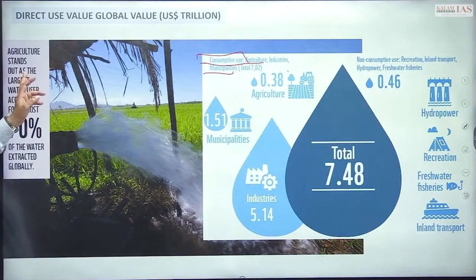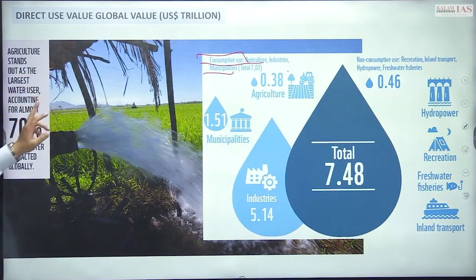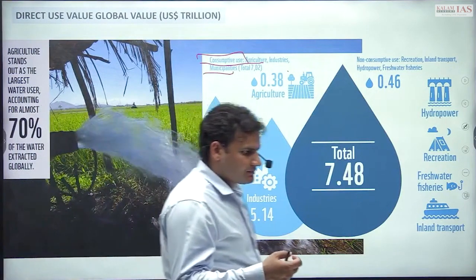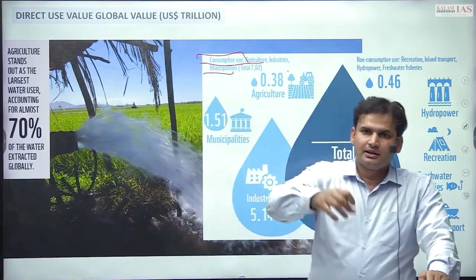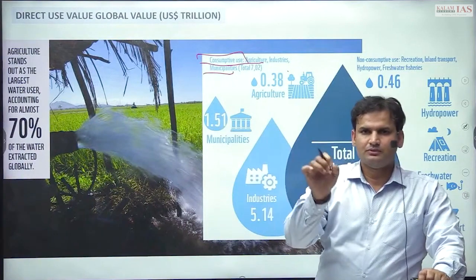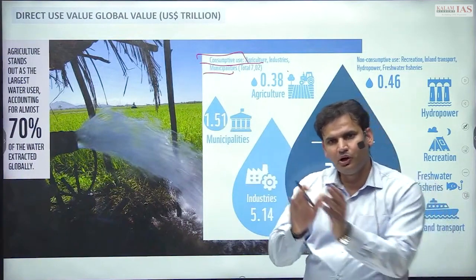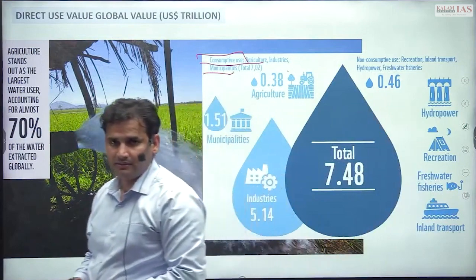So agriculture stands out as the largest water user, accounting for almost 70% of water extracted globally. ये विश्व में अगर 100 यूनिट्स वाटर एक्सट्रैक्ट की जाती हैं तो around 70 units are deployed towards agriculture, right?